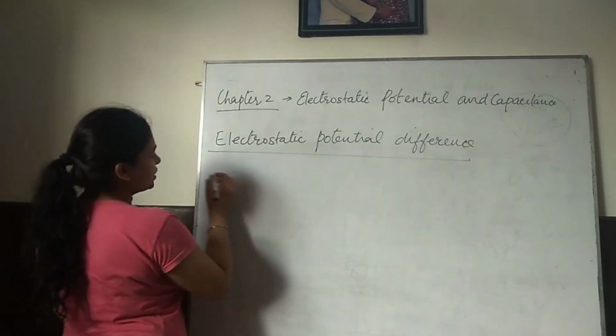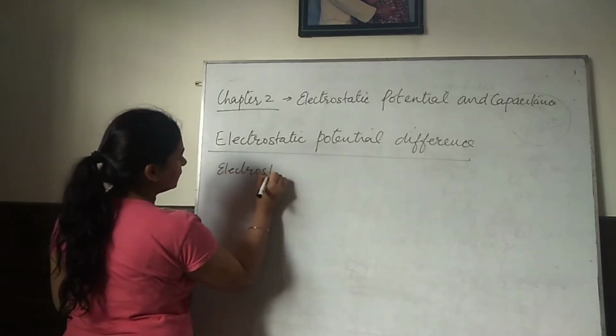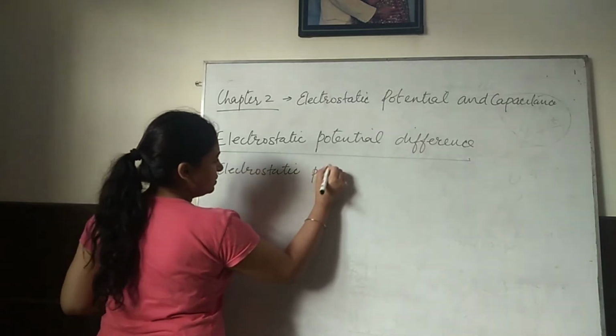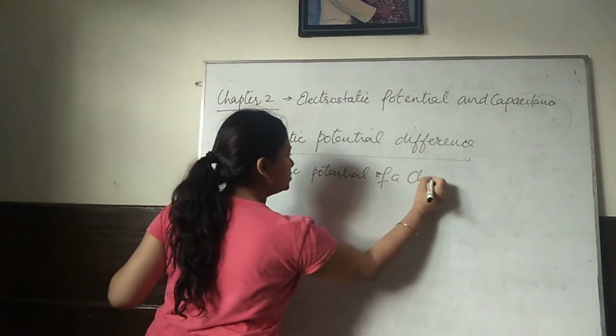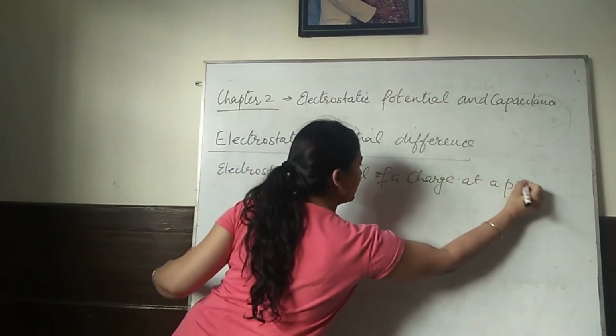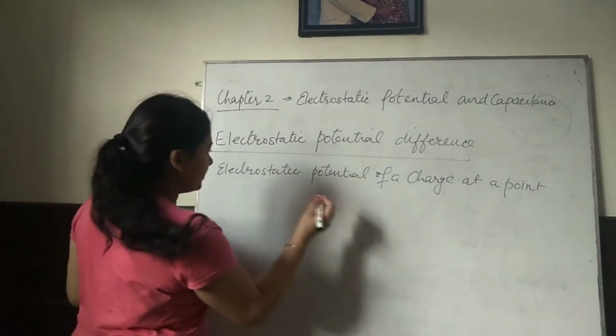So, electrostatic potential of a charge at a point. Now let us define how we can define the electrostatic potential at one point.